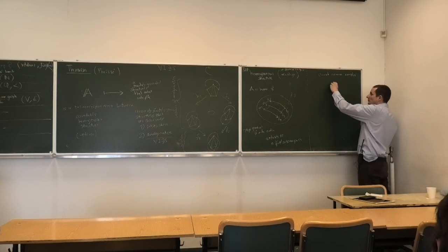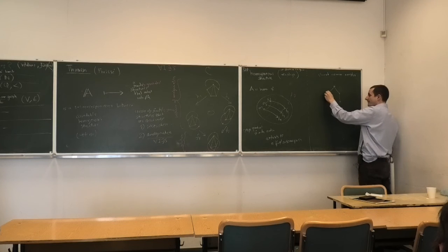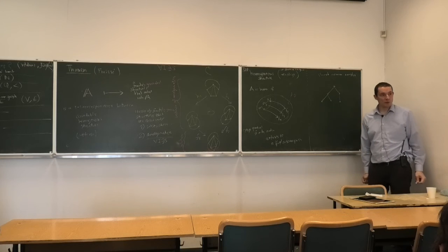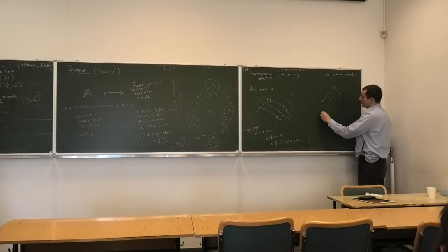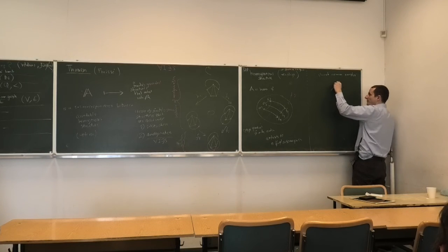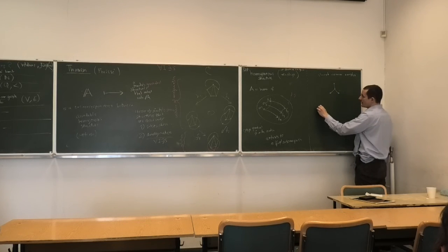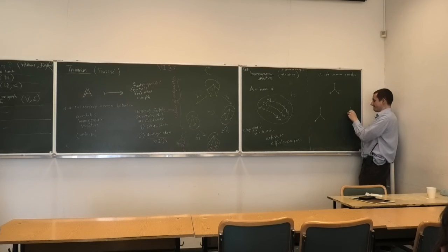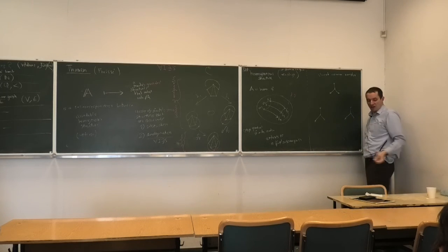You take some tree, and then you embed it in two bigger trees. What can they look like?